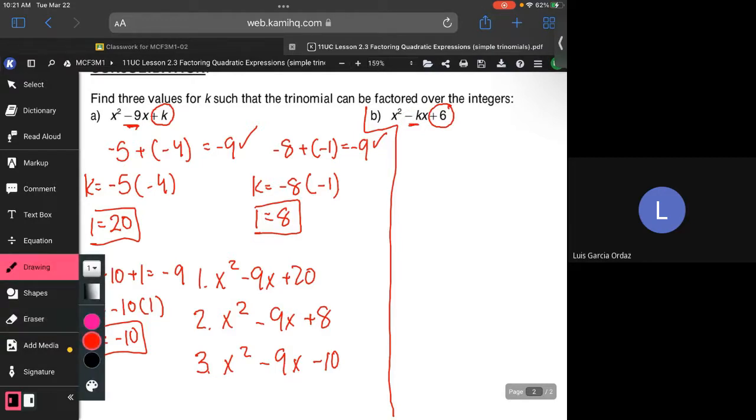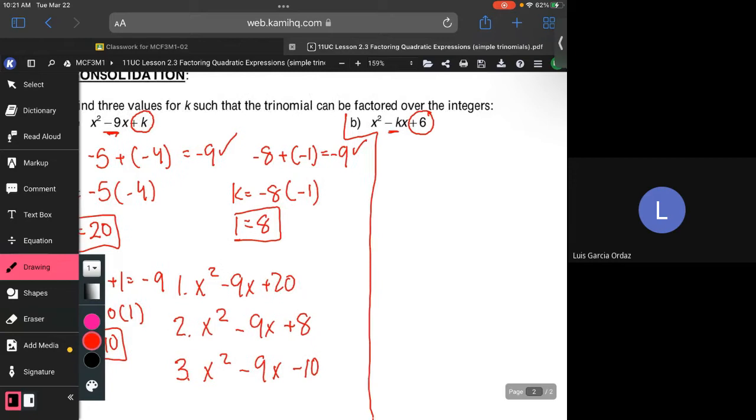Olivia. Negative 3 times negative 2 gives me positive 6. Now in order for me to find k, I need to take negative 3 plus negative 2. What does that give me? Negative 5.